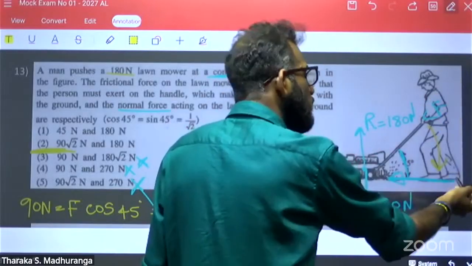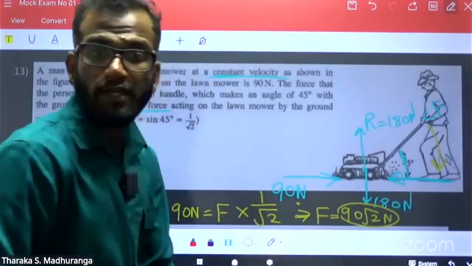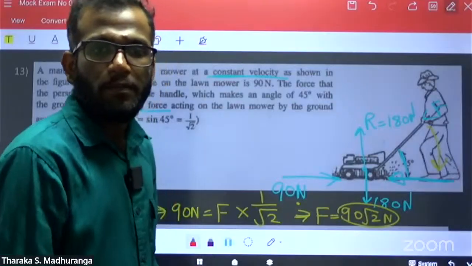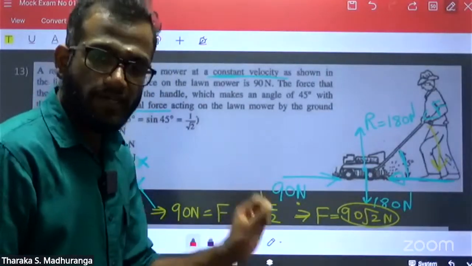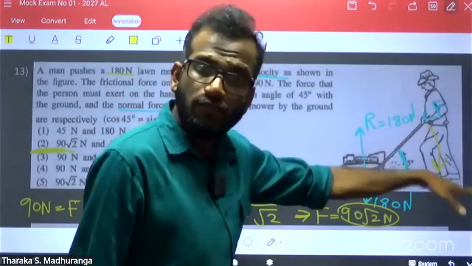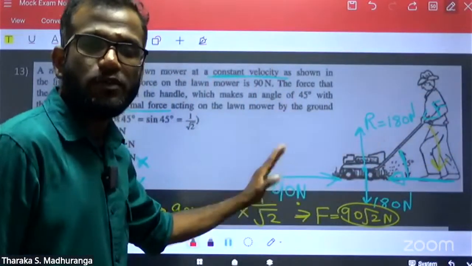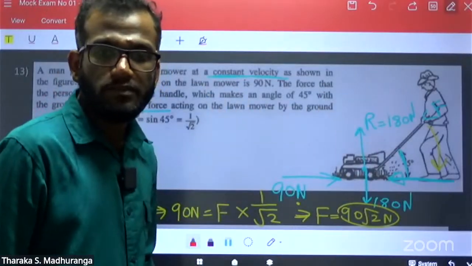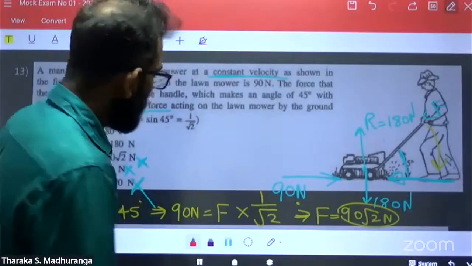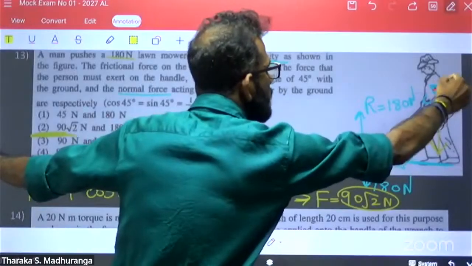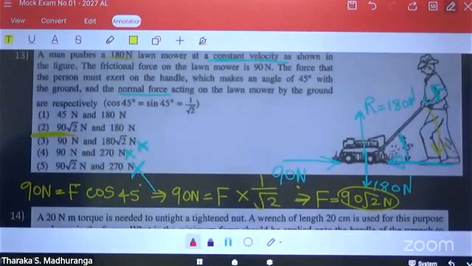F cos 45 should be equal to 90 if it is moving with uniform or constant velocity. Then 90 equals F cos 45, where F is the person applied force. Now I isolate F.